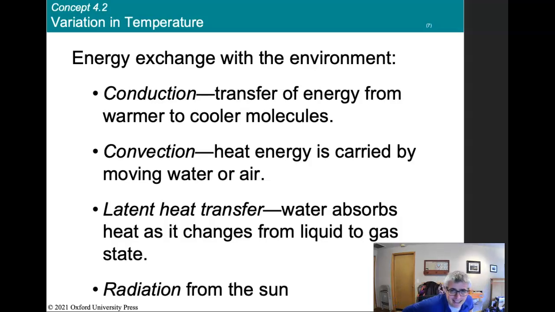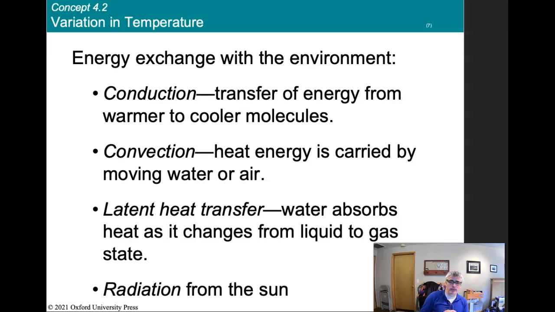And convection is heat energy that's carried by moving warm air or water. And this goes either direction. Wind chill factor is maybe an example of convection, where if you go outside and it's windy, you get colder. Heat is leaving your body. Air is blowing across your body that's colder than you are, and it's pulling heat out and moving that away.